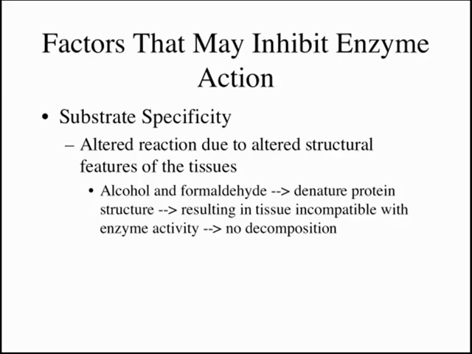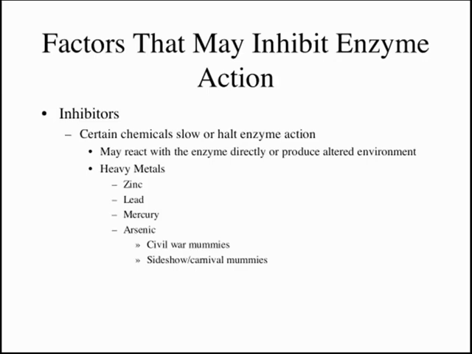Back when we used to use formaldehyde in laboratories, you've seen specimens preserved in formaldehyde. Formaldehyde is one of the main ingredients in our modern embalming fluids as well. In fact, when they first used formaldehyde, they used too much, and they actually made mummies. So substrate specificity is another factor that may inhibit enzyme action.